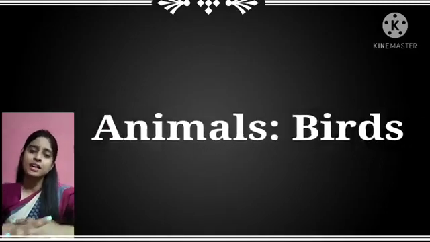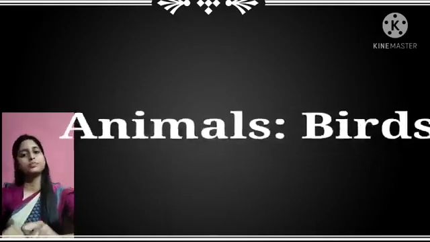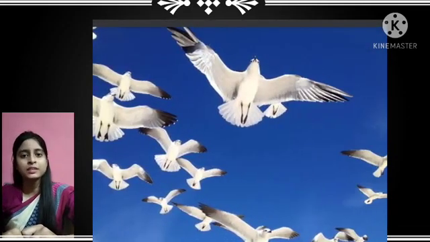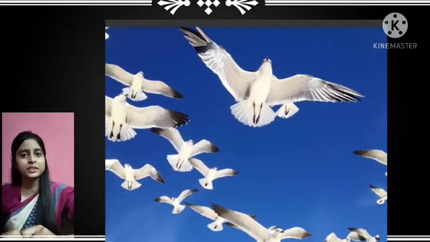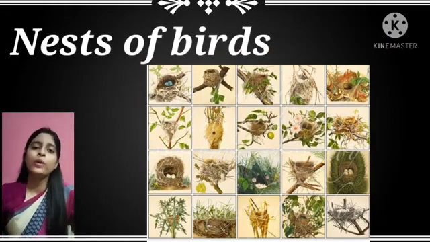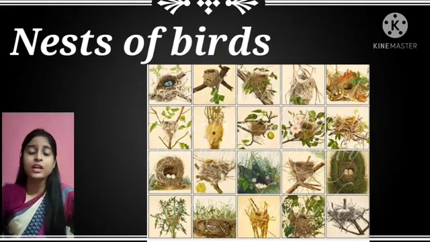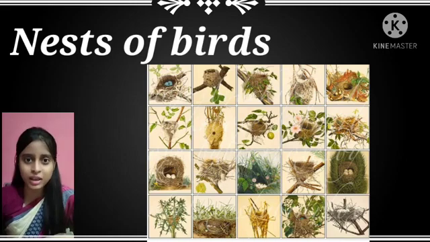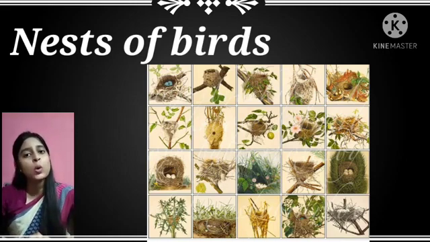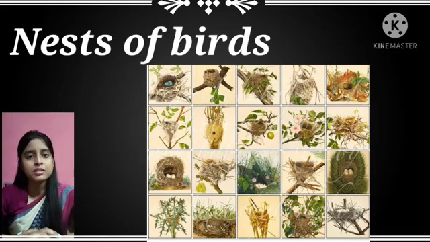In your previous class, we discussed birds and their different features like their beak, feathers, wings, and feet. Now, nests of the birds. Where do we live? We live in our house. Our house protects us from hot and cold weather and different animals.